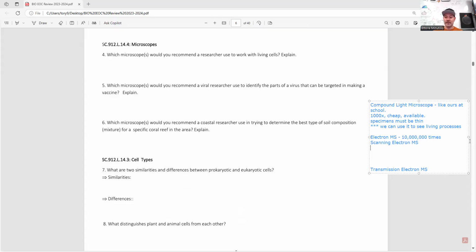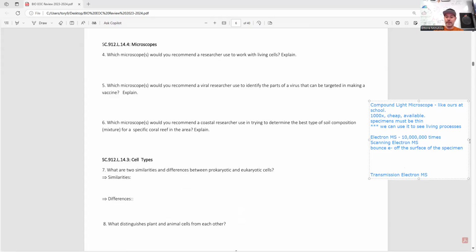Now, a scanning electron microscope and a transmission electron microscope are very similar. And the good news is their names kind of describe what they're for. A scanning electron microscope is going to bounce electrons, we use E minus for electrons as an abbreviation, off the surface of the specimen.